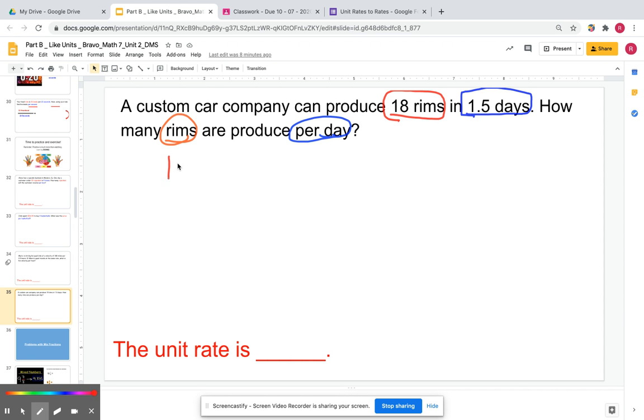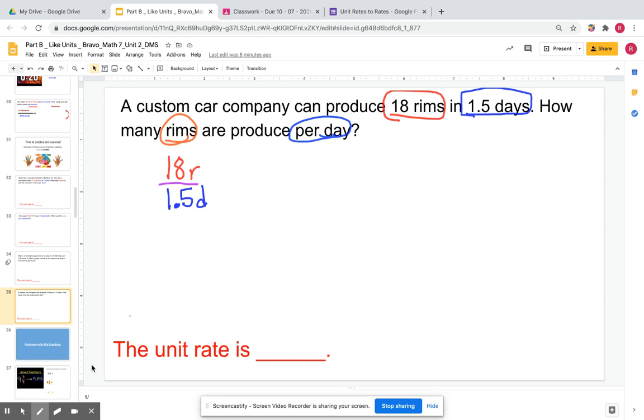So there's 18 R for rims over 1.5 days. Do not make this mistake of writing 15 days because that would totally give you a different answer.